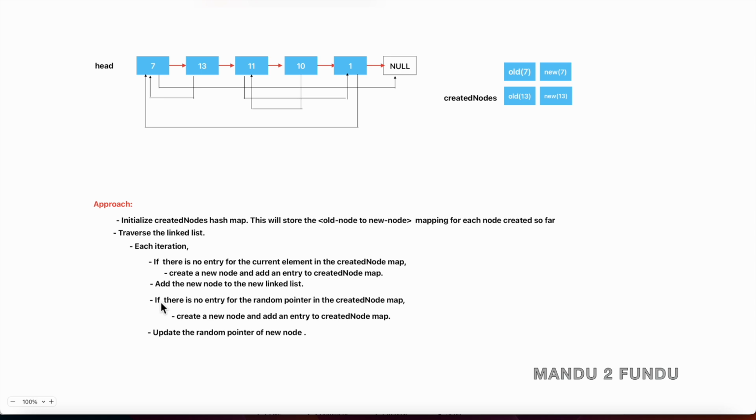Then we check if there is no entry for the random pointer in the created nodes map, then create a new node for the element pointed to by that random pointer and add an entry to the created nodes map. Then update the random pointer of the new node we created here. We repeat this until all the nodes are traversed.